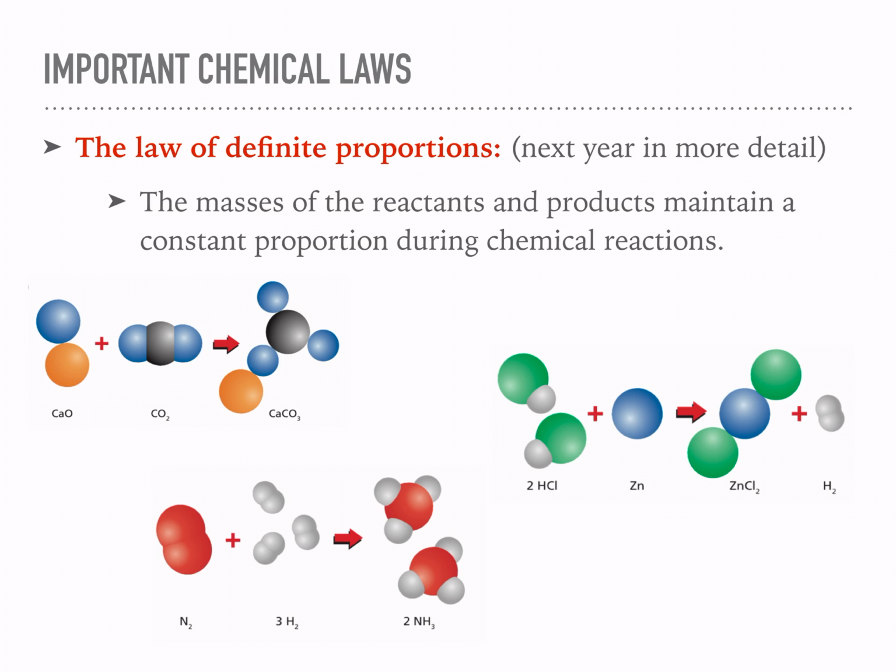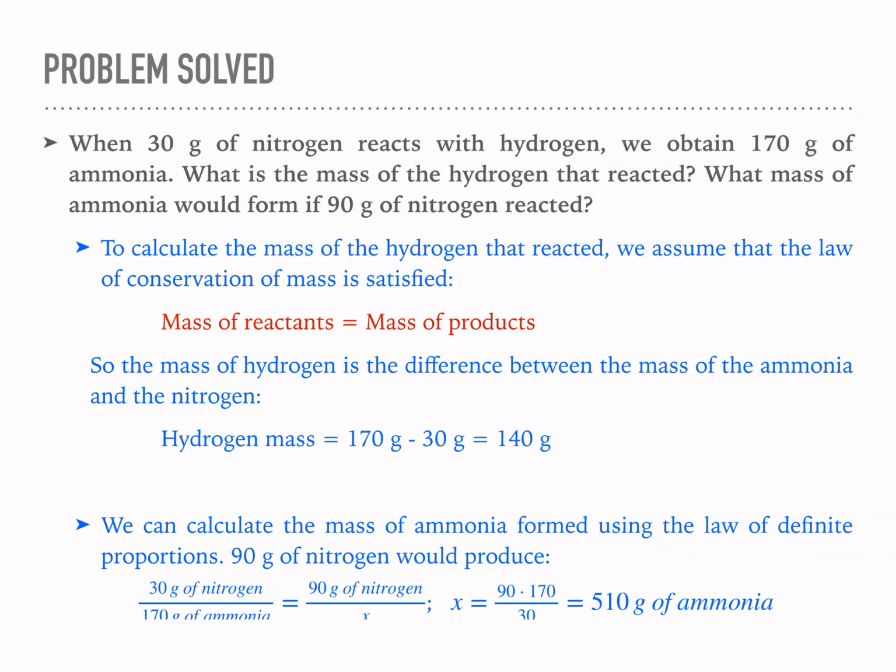So we can use that to calculate substances when we don't know one of the substances involved. Here I put some examples just for you to see more reactions and how we have these rearrangements of atoms.